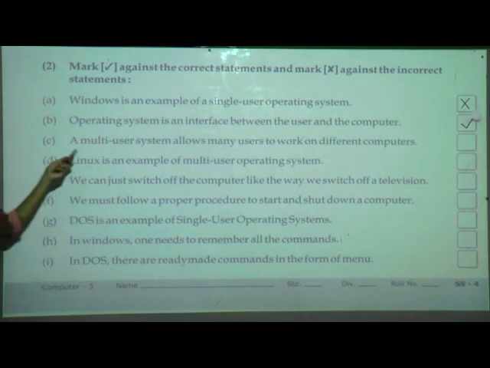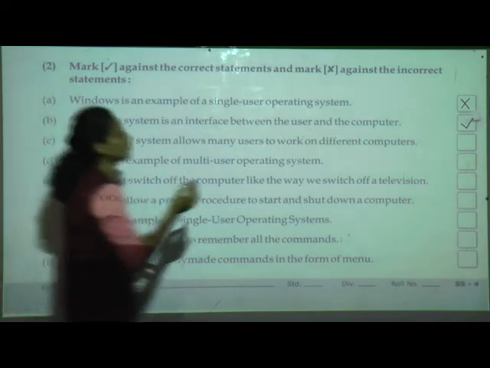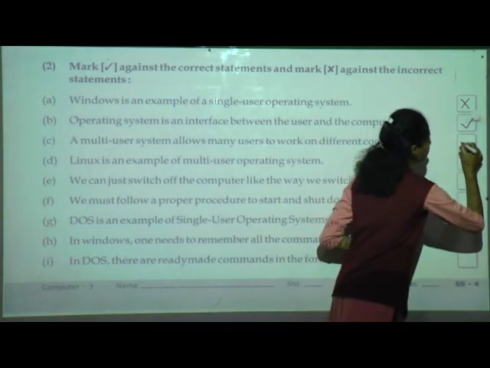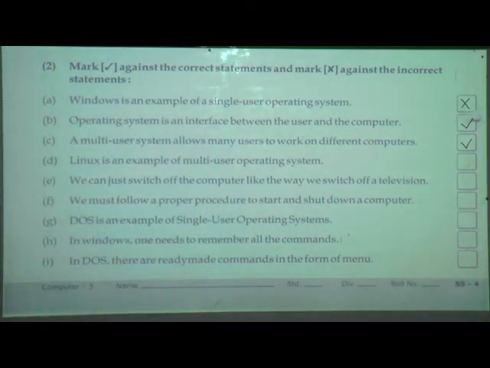Then what is this? A multi-user system allows many users to work on different computers. Right or wrong? It is right. Then we have to tick it. Tick. Okay. By using pencil you can tick.